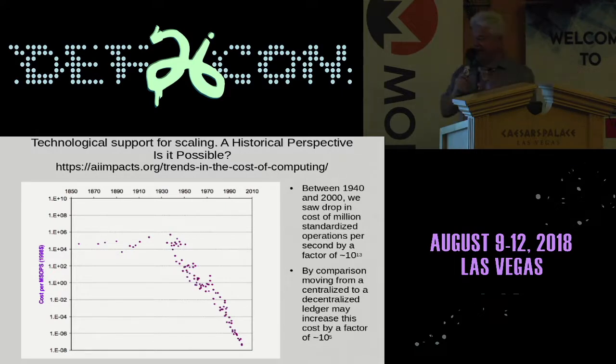And by comparison, we need to ask the question, if we move from a centralized ledger to a decentralized ledger, for example, Bitcoin or Monero, and let's say you have 100,000 nodes, what you actually are doing is making 100,000 copies of that information and then synchronizing them all. So you may impose a cost of 10 to the 5, or maybe even 10 to the 6. But when you look at the history, it becomes extremely affordable.